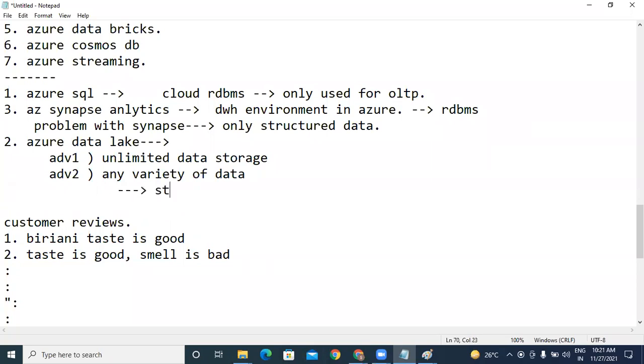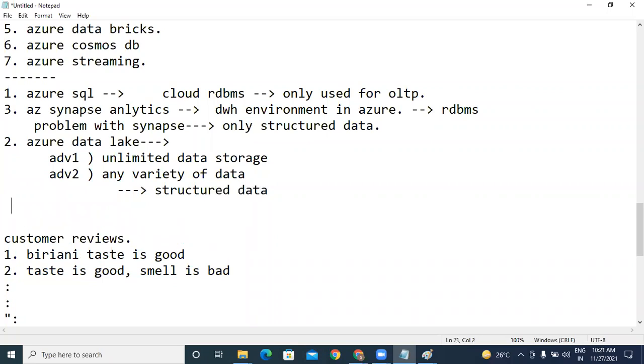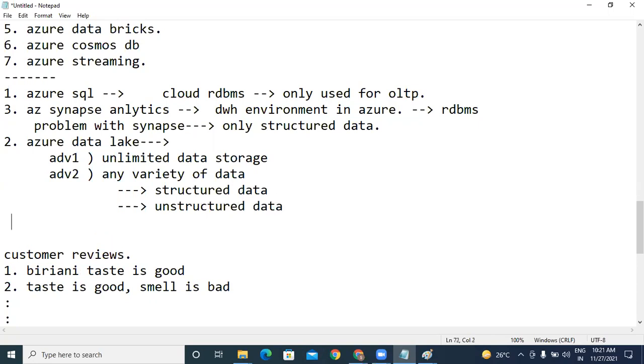Number one, structured data. Then semi-structured and unstructured data. Daily you are interacting with mostly unstructured things; only a few transactions are structured. So the majority of data is unstructured, but previous warehouse systems don't have the facility to store and process them.